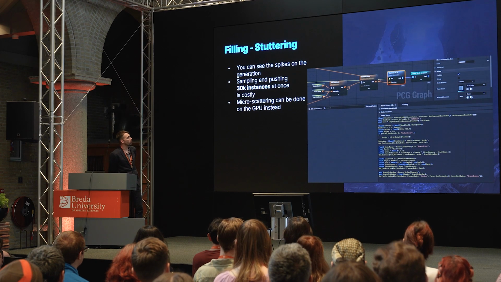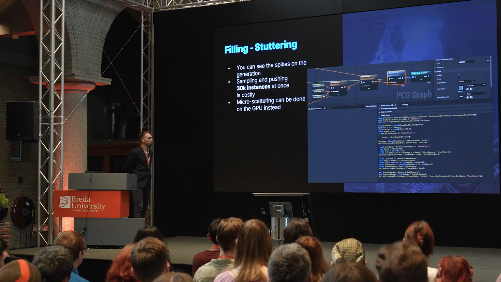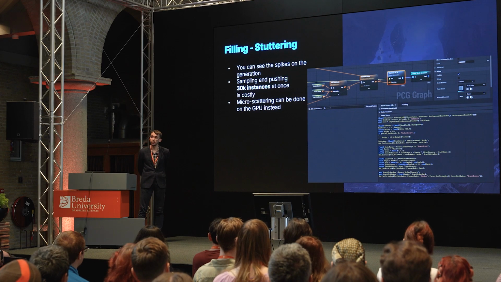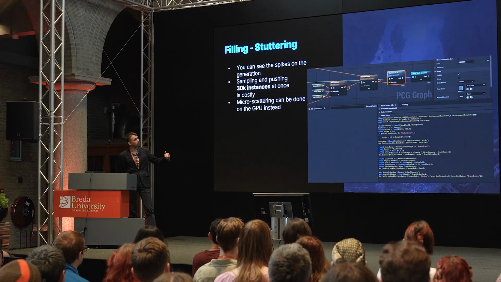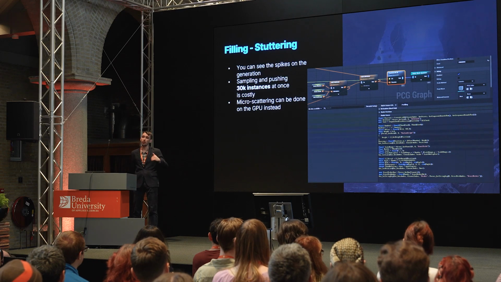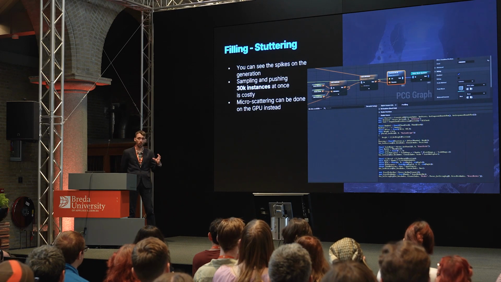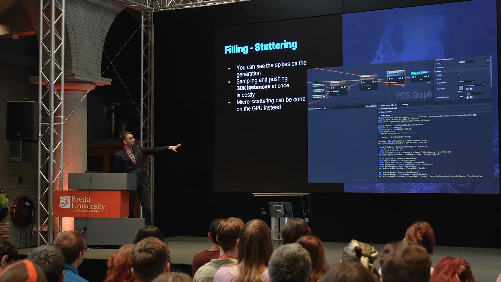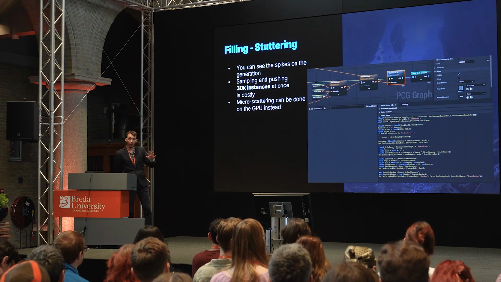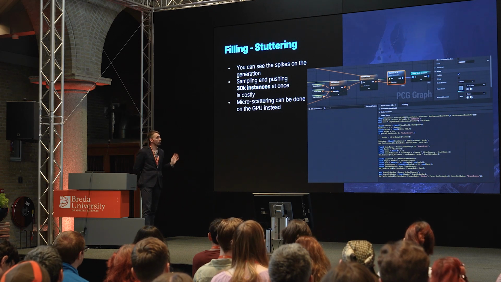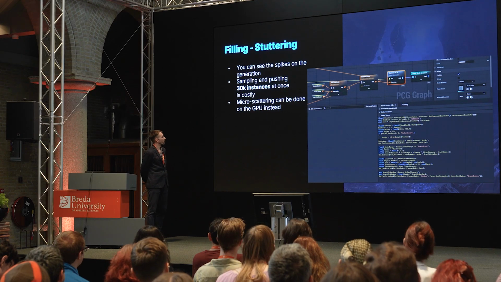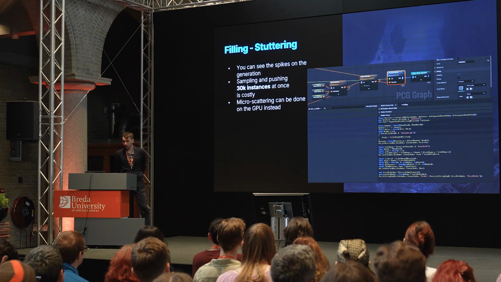So one thing that we introduced in 5.5 was to be able to do custom HLSL nodes, and also generating points directly on the GPU, and then push those instances from the custom HLSL node directly to the GPU scene. So we don't have any CPU readback. Everything is pushed directly to the static mesh spawner on the GPU scene.